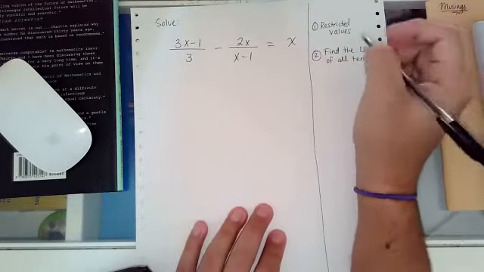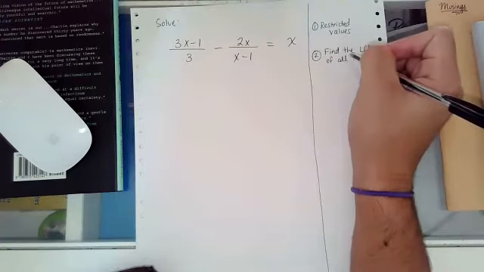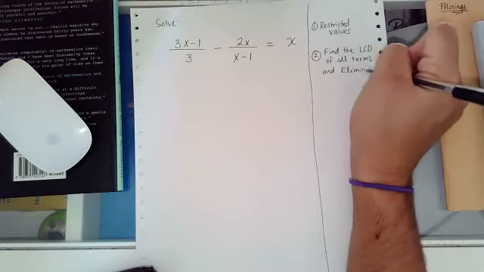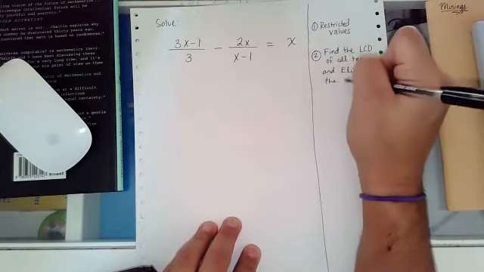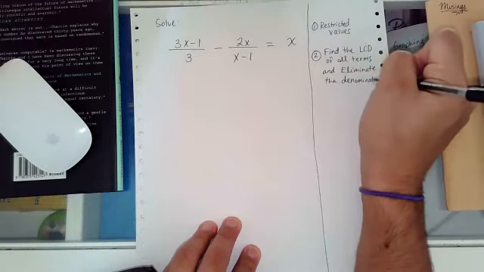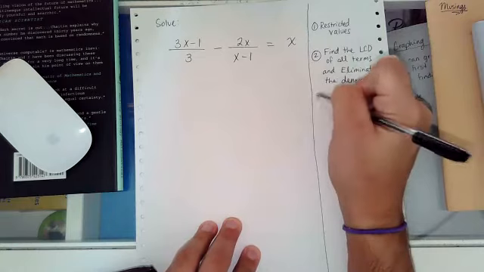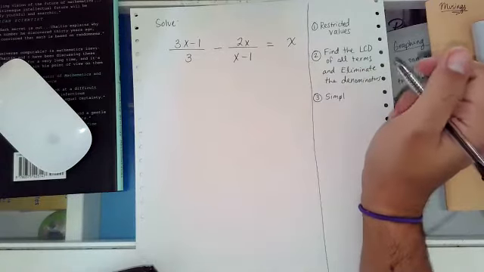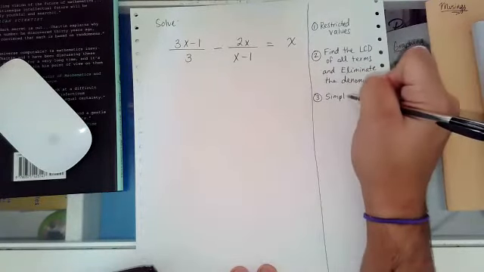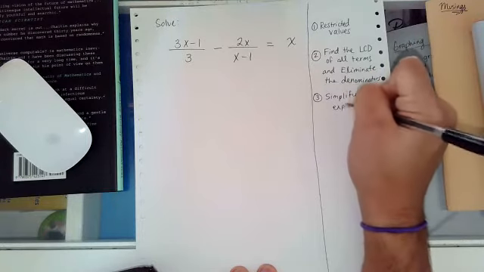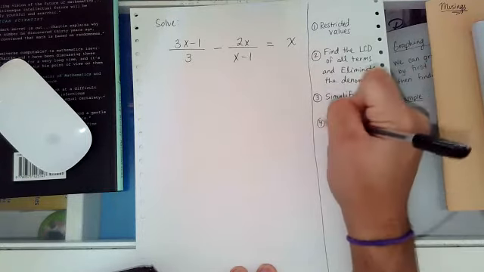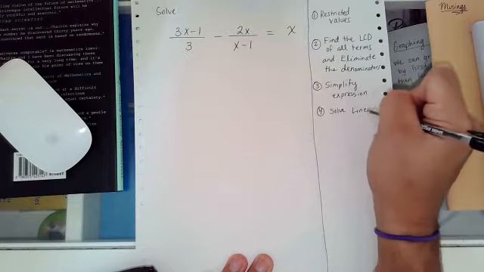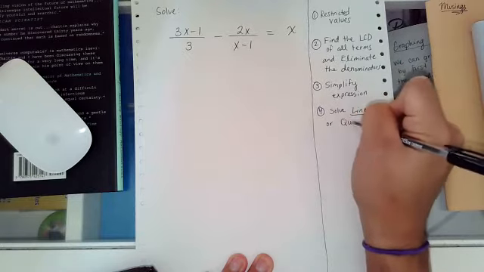And I think maybe I said in the last problem, use the LCD to eliminate the fractions. But really, we're eliminating the denominators of those fractions. Once you do that, you're going to have to simplify or clean up, because it's going to look like a jumbled mess of symbols and terms. So simplify the expression. The fourth step, you'll solve the linear or the quadratic equation.